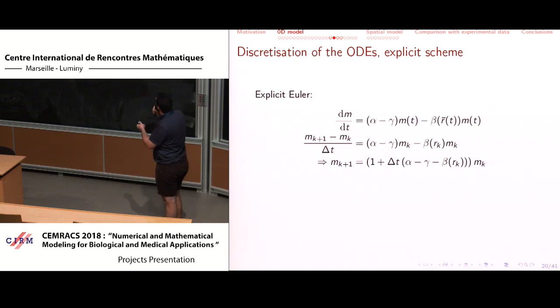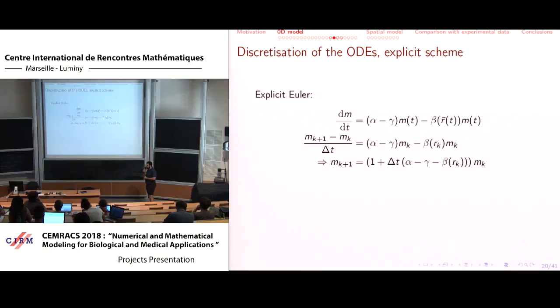Here it's for the ODE on the mesenchymal cells. Just like here is a discretization of the derivative, and there for the right-hand term, which leads to this expression for the next time step.